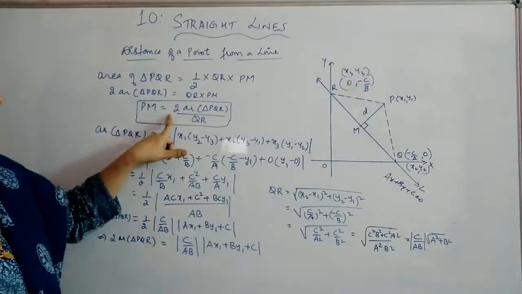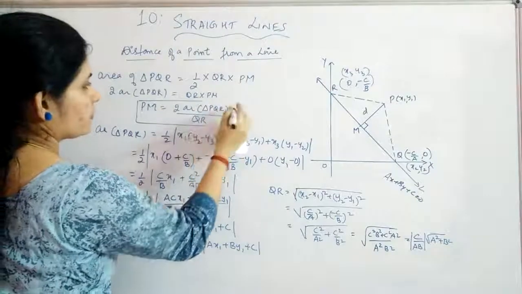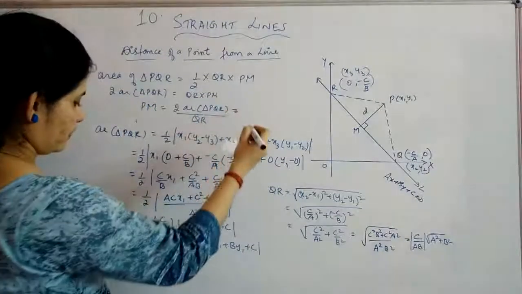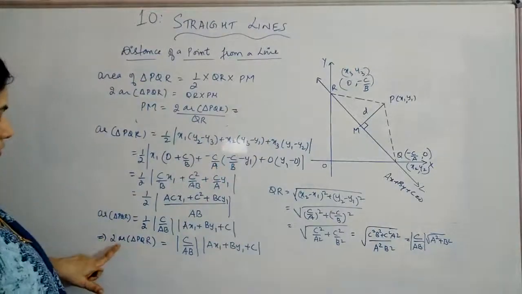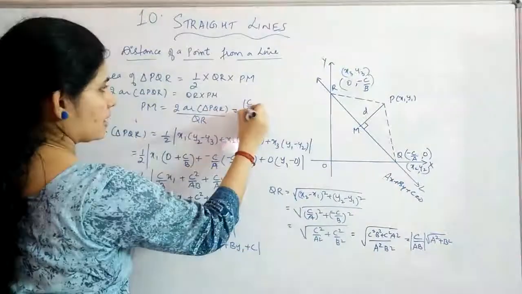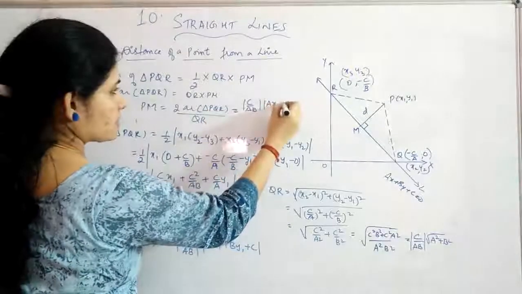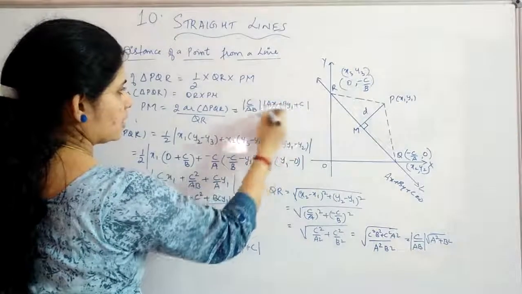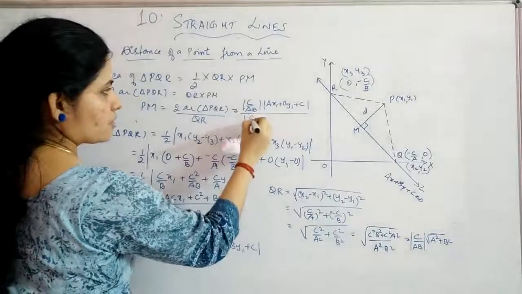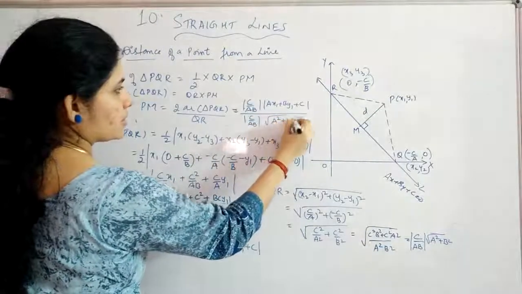We are just replacing in this place. Okay, so what you will get for this? You will get PM is equal to 2 times of what you have got area is modulus of c by AB into modulus of AX1 plus BY1 plus C divided by what is QR? It is again modulus of c by AB into root of a square plus b square.